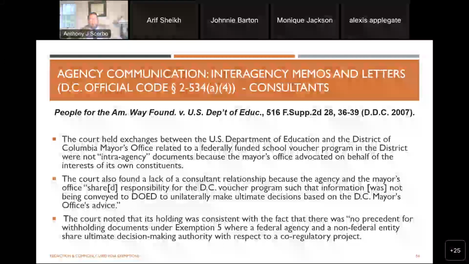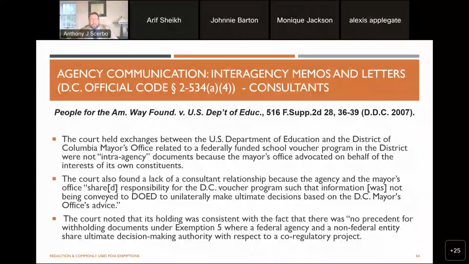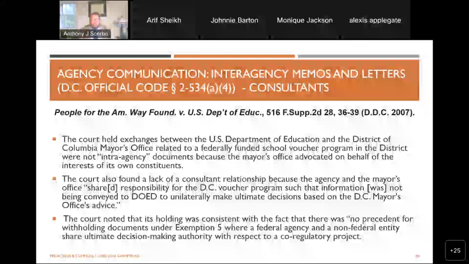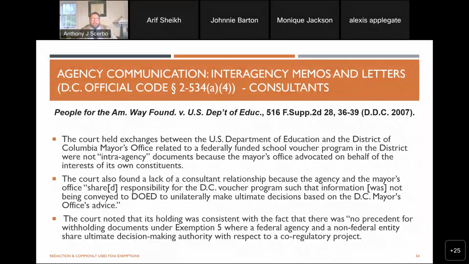And the court also found there wasn't truly a consultant relationship because USDOE and the mayor's office shared responsibility for the DC voucher program. And so the information was not being conveyed to the Department of Ed to unilaterally make ultimate decisions based on the mayor's office's advice. There was a shared responsibility.